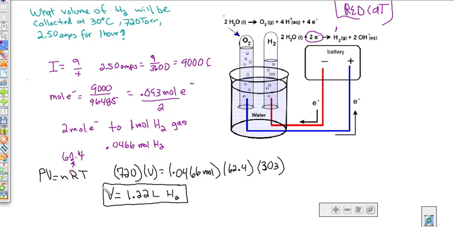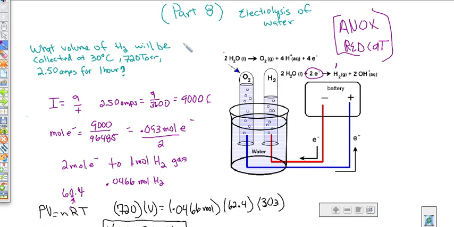We have to use Kelvin in the ideal gas law, so we change that to 303. Multiply here and divide by this, and we get a total volume of 1.22 liters of hydrogen gas produced in this electrolysis situation at 720 torr and 2.5 amps for 1 hour. So there you go.